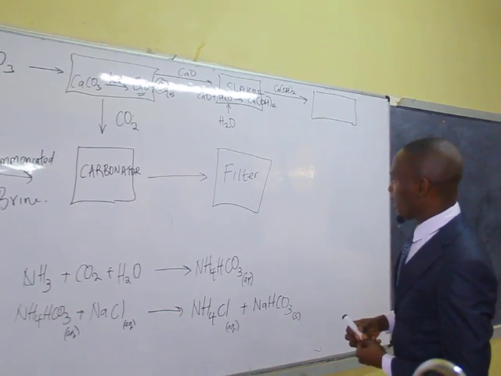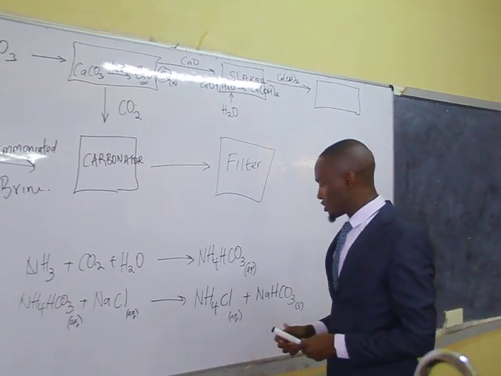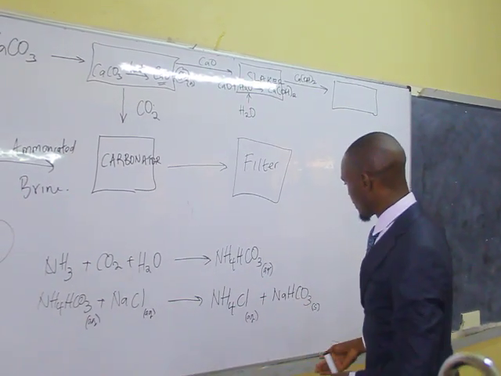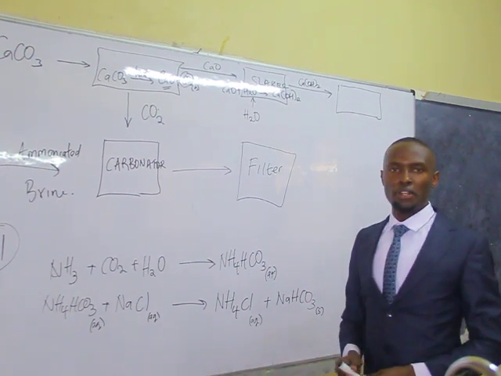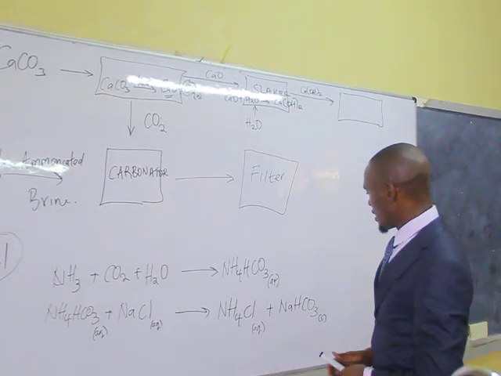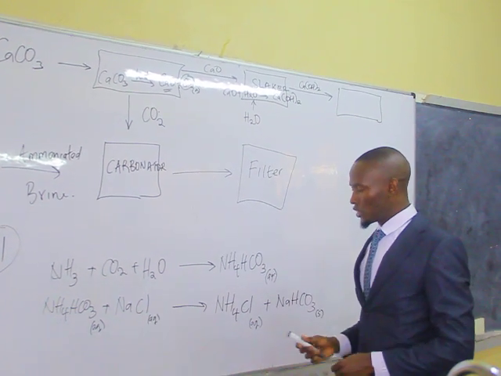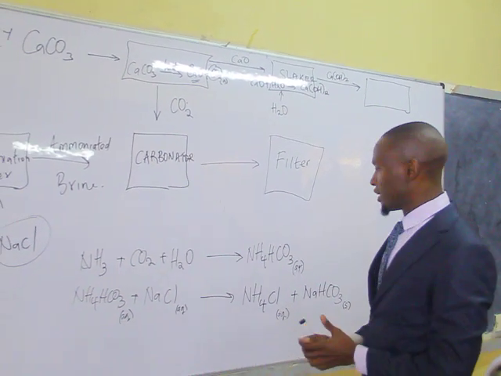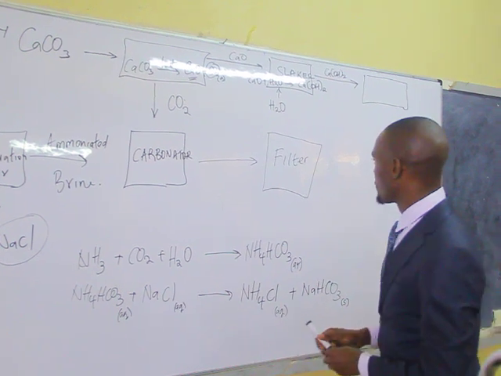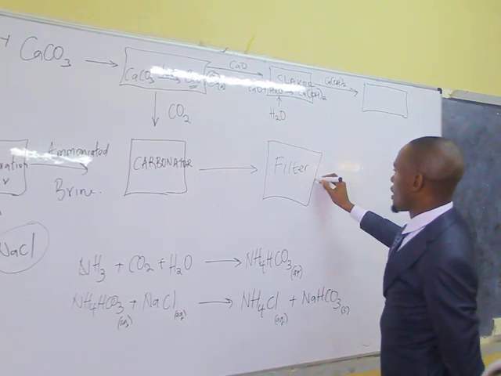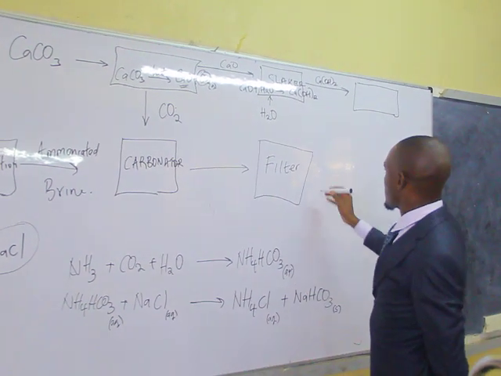In this filter, during filtration, we have a residue and a filtrate. Sodium hydrogen carbonate is going to be obtained as the residue, while ammonium chloride is going to be obtained as the aqueous solution. Therefore, from this filter, I am going to have two products.